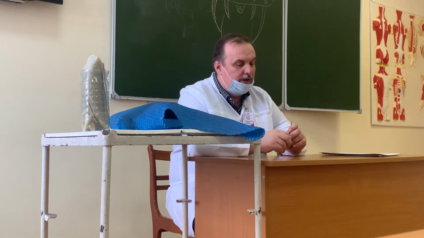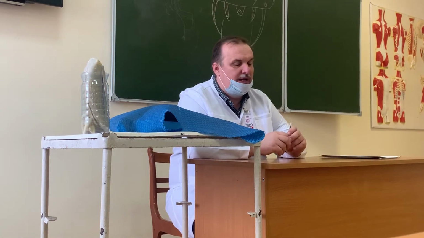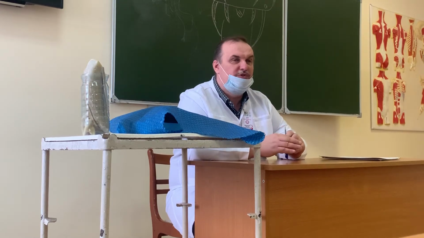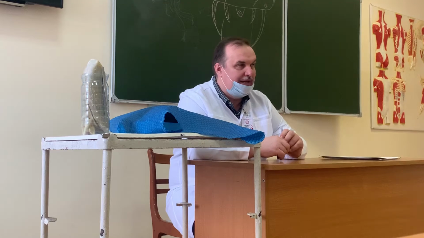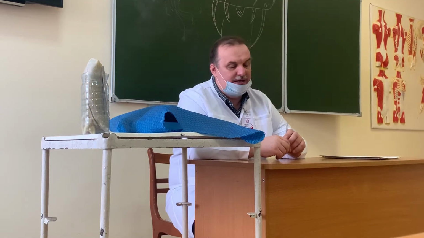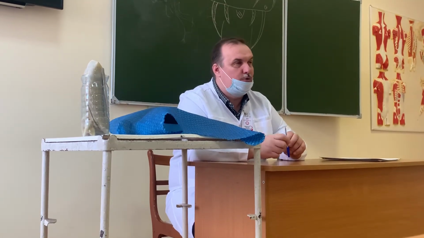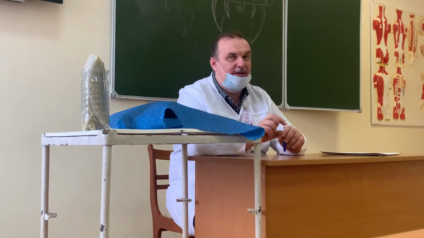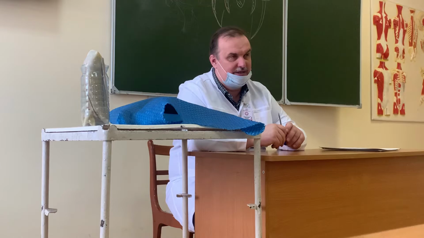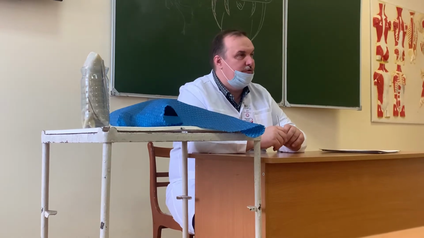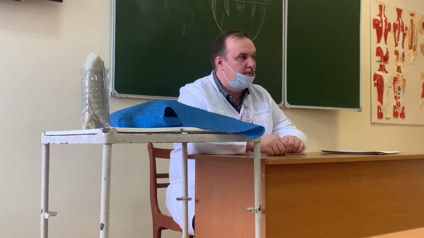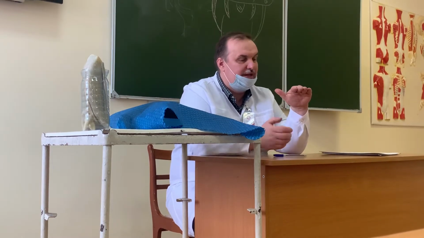Now, the hard palate consists of bony palate together with mucous membrane, and the bony palate consists of the palatine process of what? Maxilla, and lamina horizontalis of the palatine bone. The soft palate consists of two layers of mucous membrane, superiorly and inferiorly.